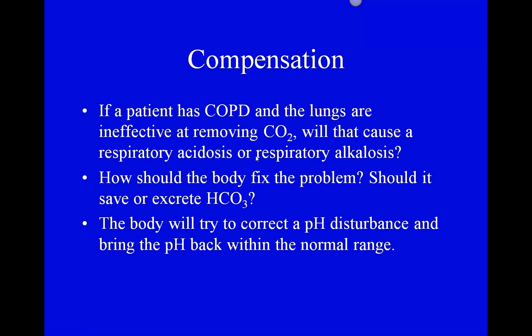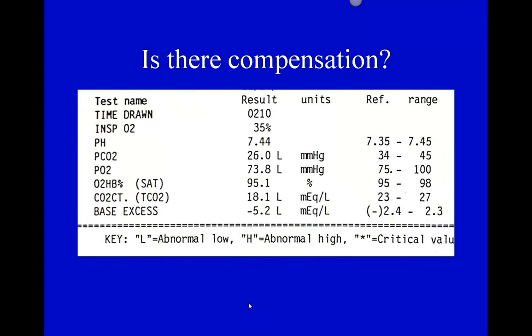I want to compensate for respiratory acidosis. I've got too much acid, so what could I do with the amount of bicarb the body has? If the kidneys started to save the bicarb, the buffer, they could balance out that pH. And that's exactly what the body will try to do. The body will always try to correct a pH disturbance if it's capable, and bring the pH back within the normal range.